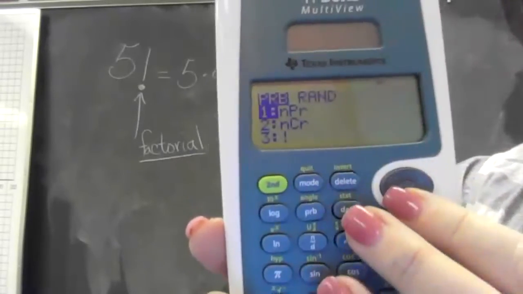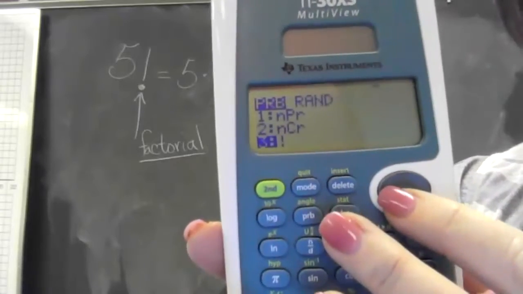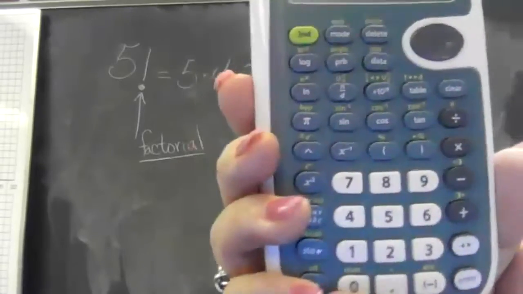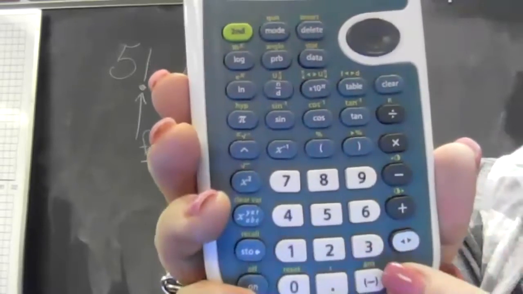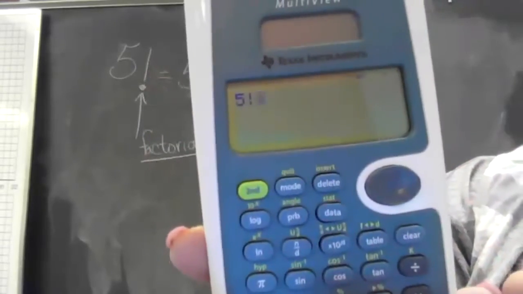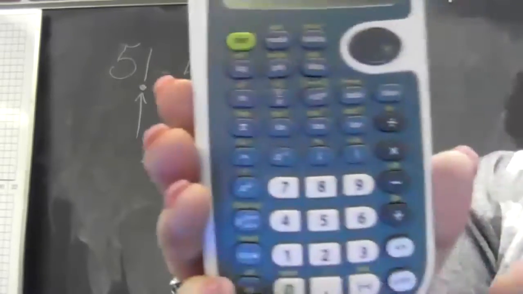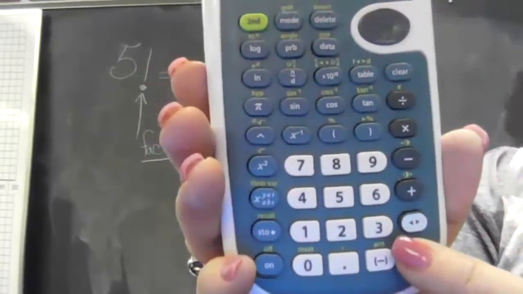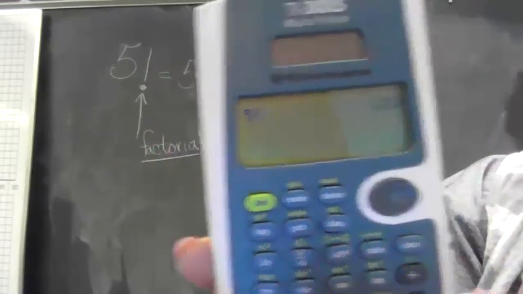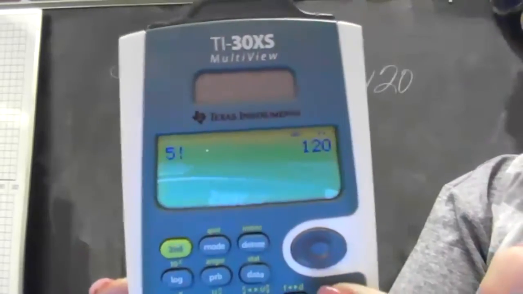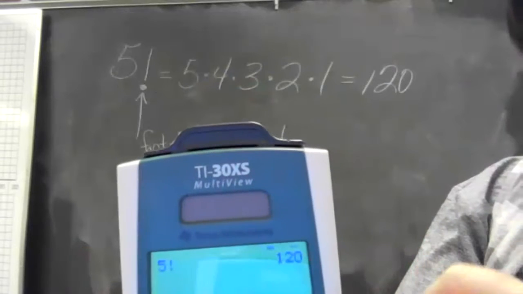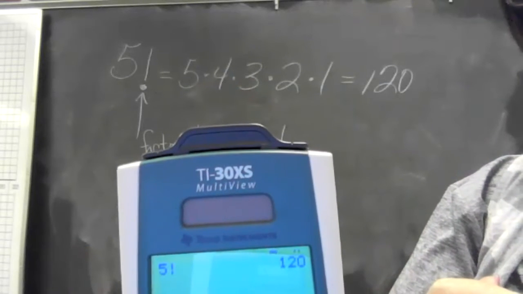You can scroll down and press enter, or push a 3 and it will choose it. There's 5 factorial, then press enter. Your answer is 120, which is what we got.